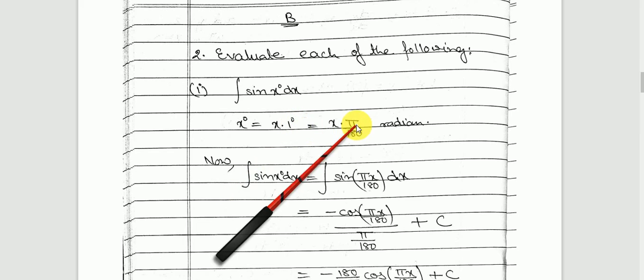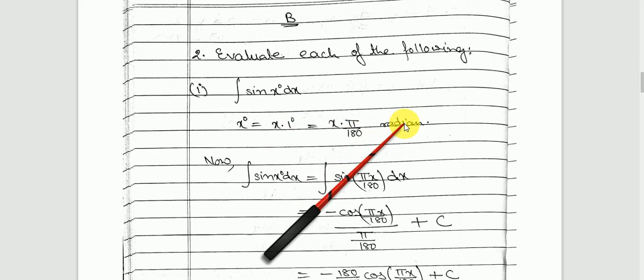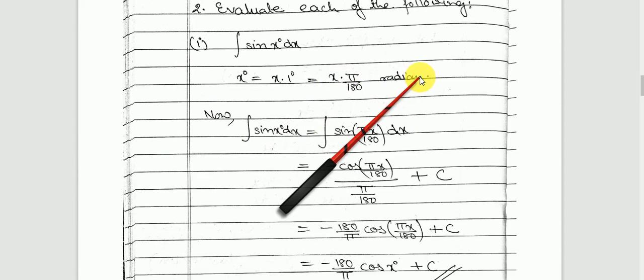Here we usually have x in radian, but here this x is in degree. So firstly we have to convert this degree into radian. You know that x degree means x into 1 degree, and 1 degree is nothing but pi upon 180 radian. So x degree can be written as x into pi upon 180 radian.